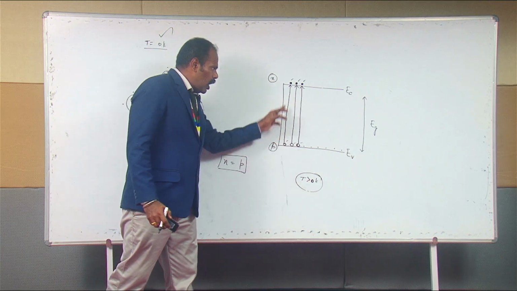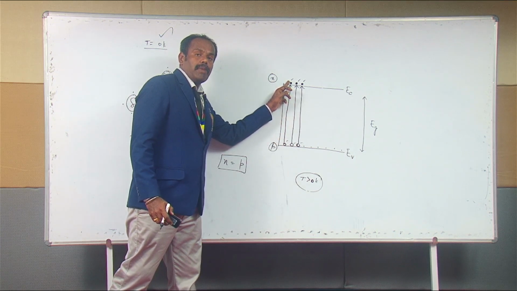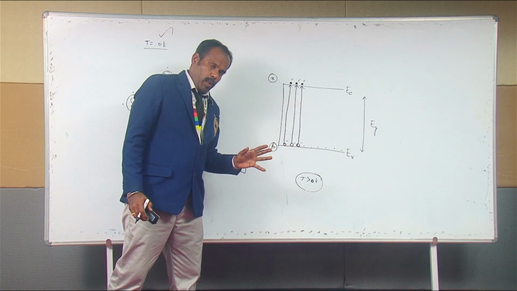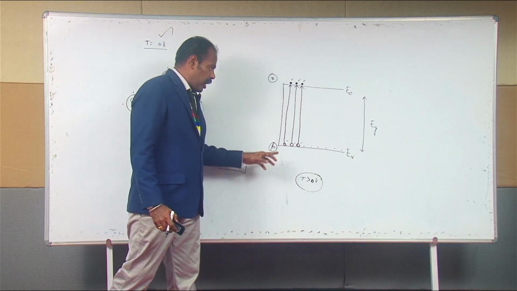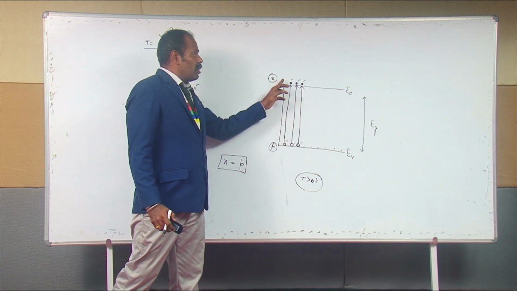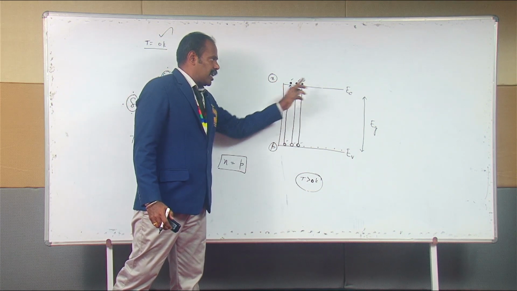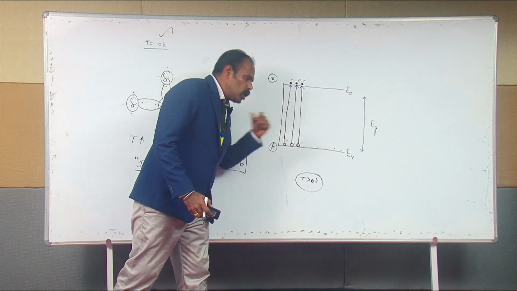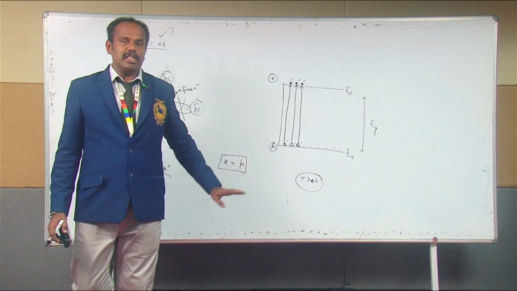Why? If an electron is present in the conduction band, it has to come from the valence band by breaking the covalent bond, and thereby one hole will be present in the valence band. So however many electrons are present in the conduction band, that many holes are going to be present in the valence band.